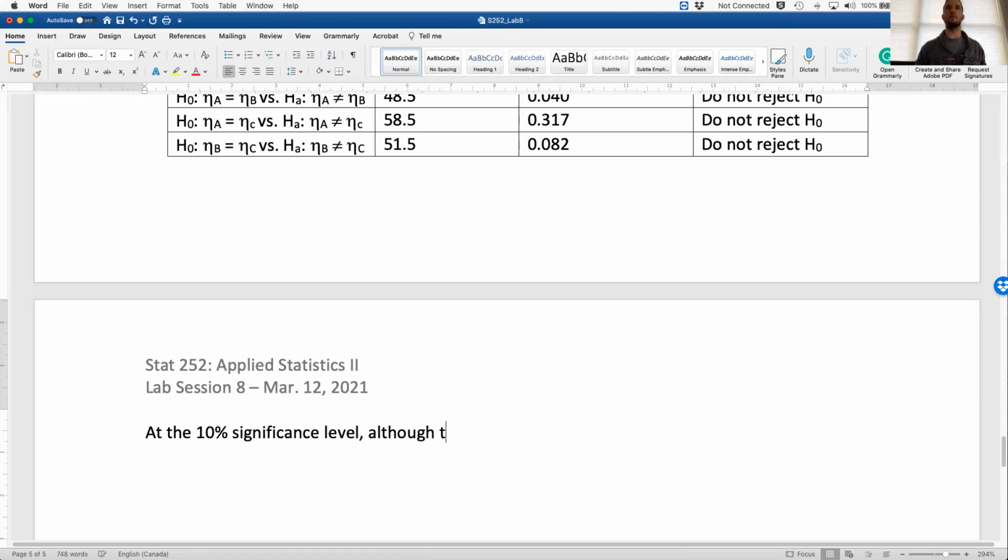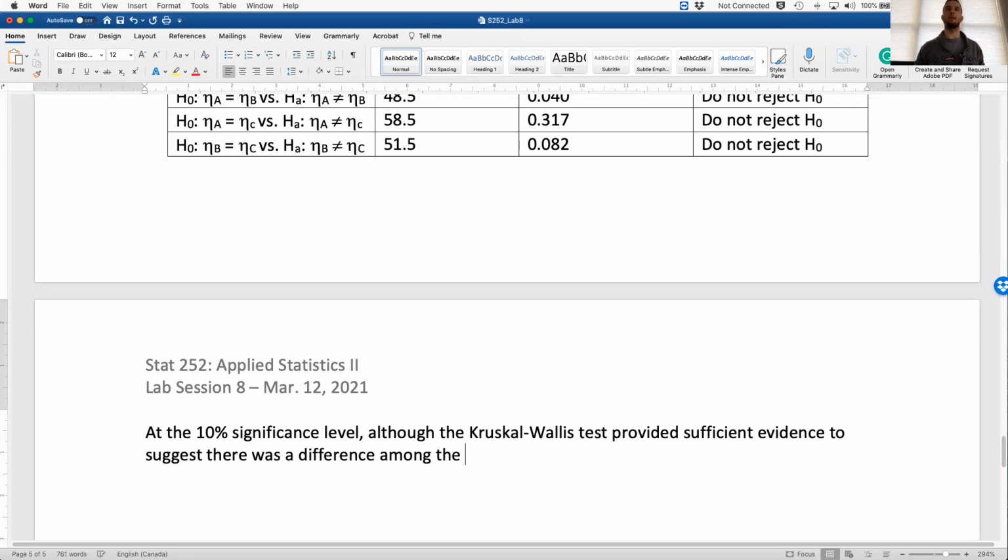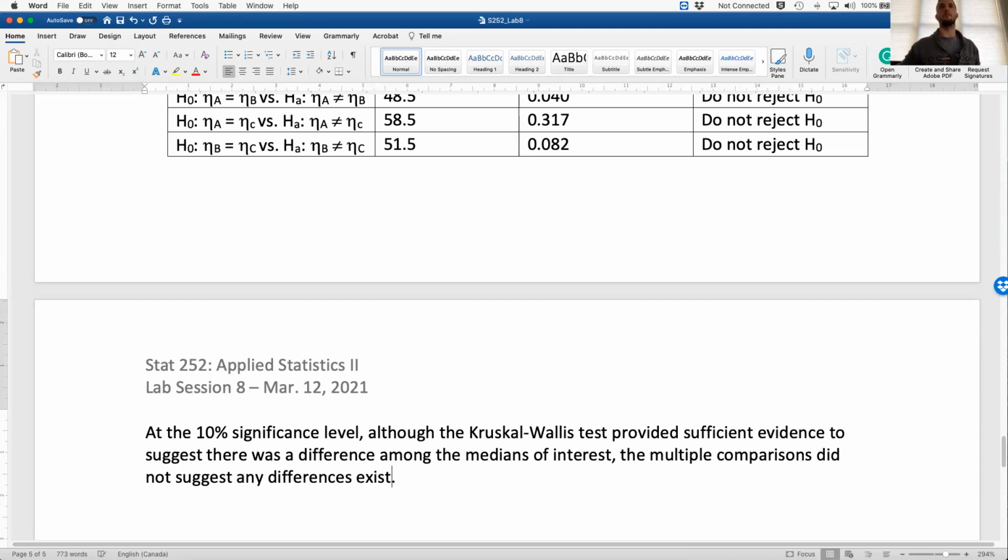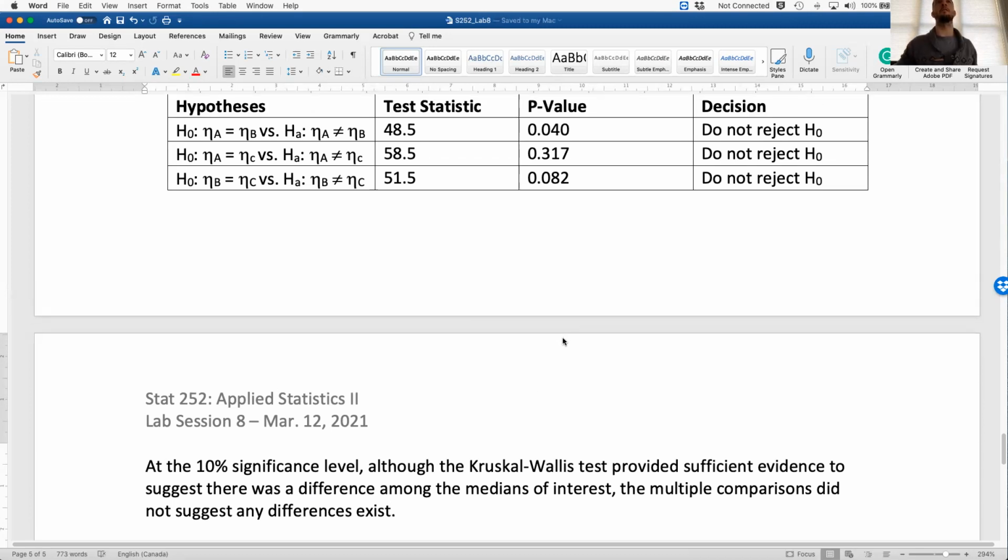Because we'll say, although the Kruskal-Wallis test provided sufficient evidence to suggest there was a difference among the medians of interest, the multiple comparisons did not suggest any difference exists. It's kind of interesting, conflicting results in that sense.